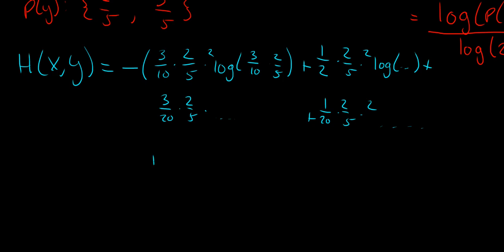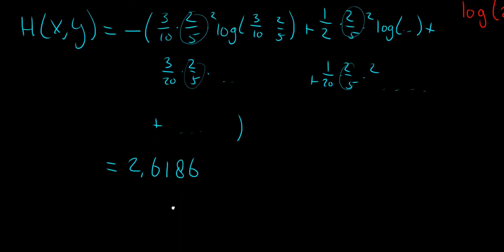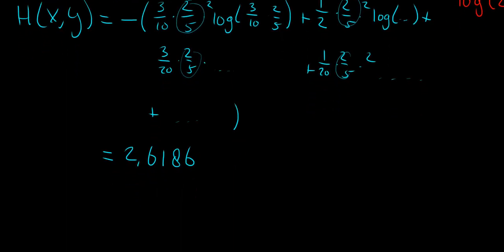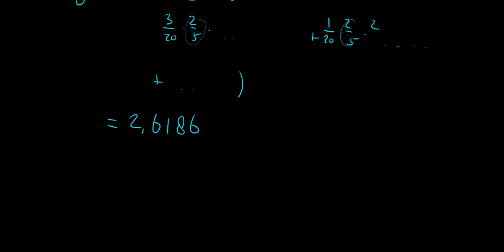And then you would do exactly the same thing again, only this time the 2 over 5 everywhere is replaced with 3 over 5, because now we're calculating also without a hat. And this would result in an entropy of 2.6186.